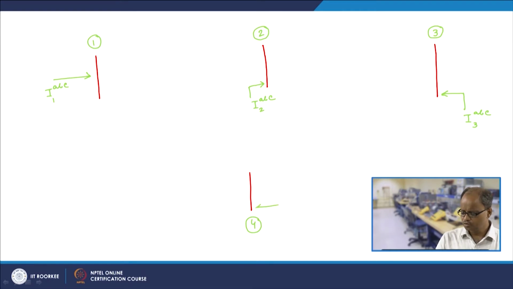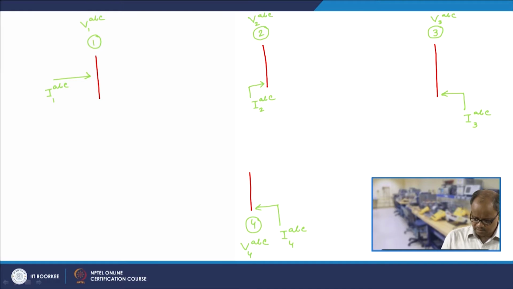Bus 4 also has an injected current I4 ABC, right. Bus 1 has got a voltage vector V1 ABC, this has got a voltage vector V2 ABC, this has got a voltage vector V3 ABC, and this has got a voltage vector V4 ABC.